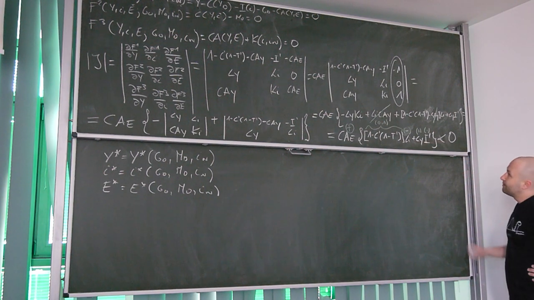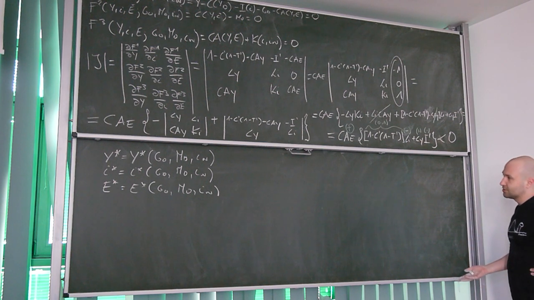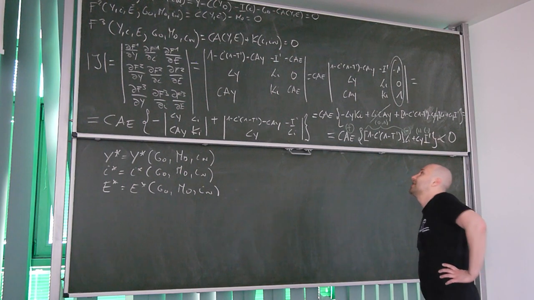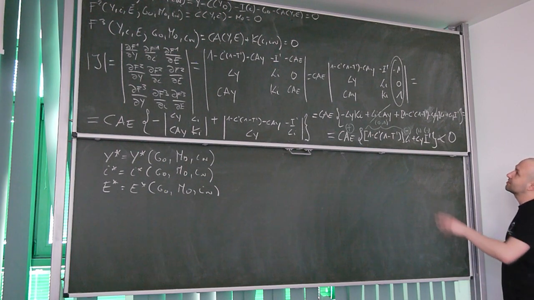Okay, now, because we know that this system has a solution, we can, using the implicit function rule, calculate its comparative static derivatives. Okay, but let's go step by step.